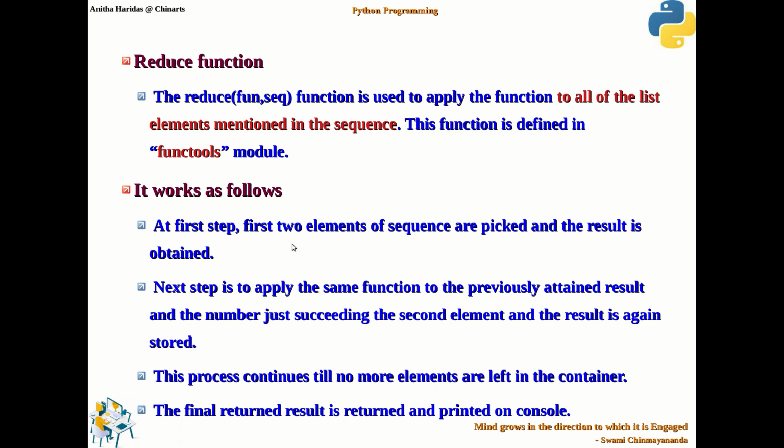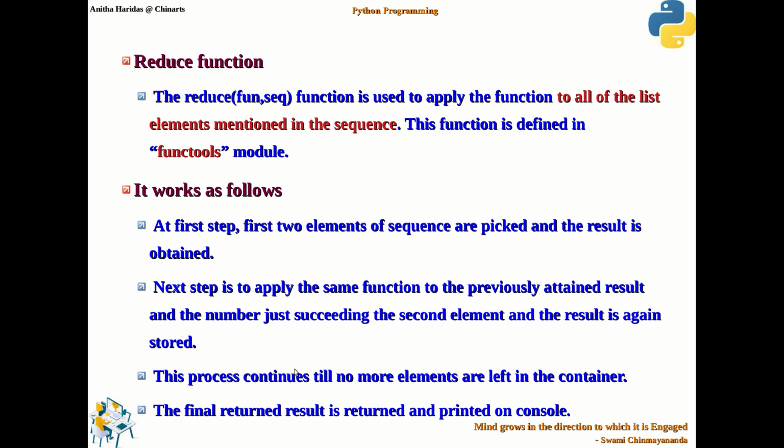At the first step, it takes the first two elements of the sequence, or a list like 1, 2, 3, 4, 5. It is going to take the first two elements of the list, and the result will be obtained. The function will be applied to the first two elements. Okay. Then the next step is to apply the same function to the previously attained result. Once we have a result from the first two elements, that result and the next succeeding element are taken and the process is applied again.